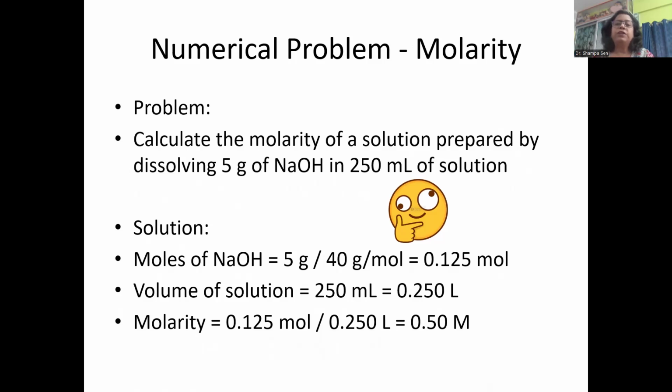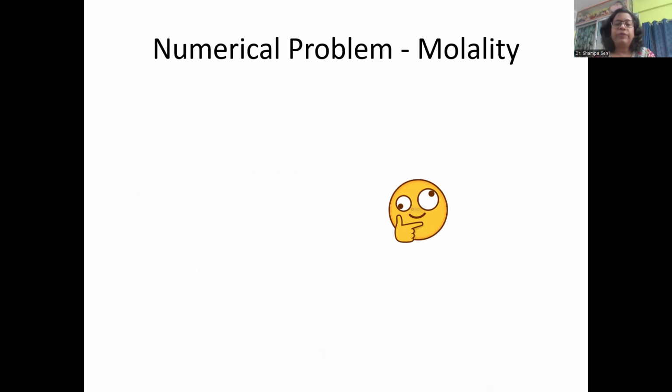Volume of solution is given in milliliters. Let us convert it to liters by dividing by 1000. So it is 0.250 liters. Molarity will be equal to moles divided by volume of solution in liters. So 0.125 divided by 0.250 moles per liter. It is coming as 0.50 molar.